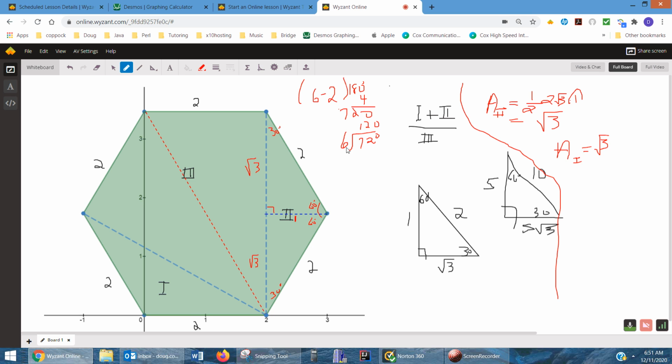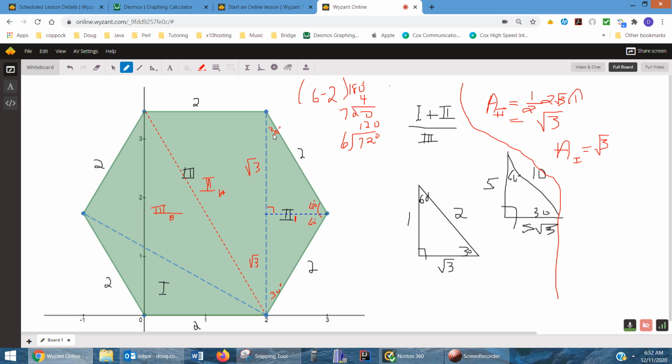Now, how do we find the area of region 3, the quadrilateral? Well, actually, this diagonal helps us, because now we can say that this triangle over here is, let's call it 3 sub a, and this is 3 sub b.